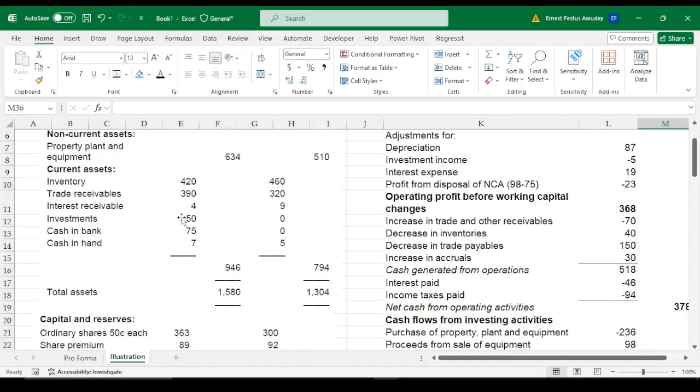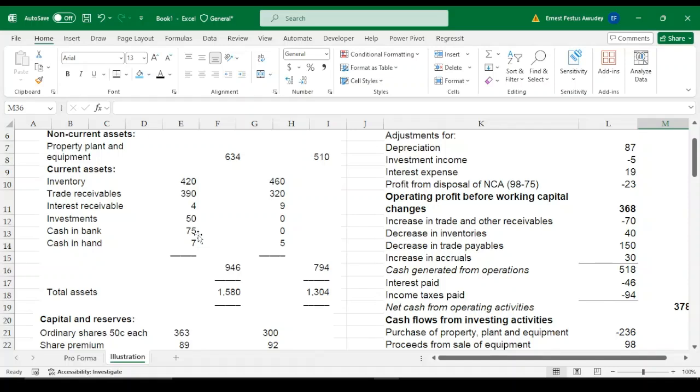The cash and cash equivalents include these investments here. Okay, they are current assets, so they are what? Cash equivalents. Remember the definition of cash equivalents? They are short-term, highly liquid investments. So this investment on the current asset side here is a cash equivalent. So we'll have our 50 there, and then I'm going to add my cash in bank of 75,000.